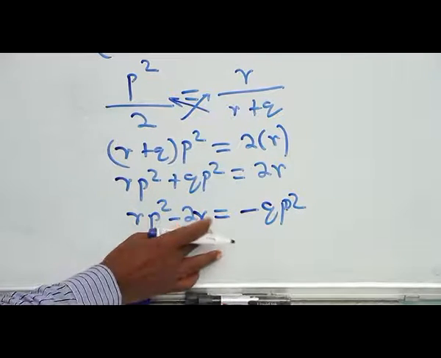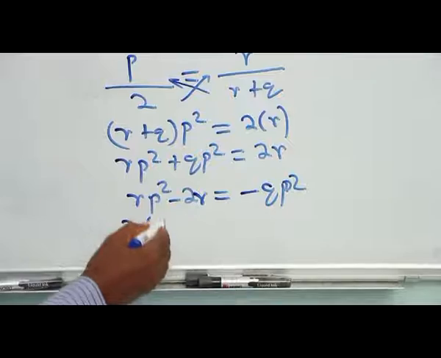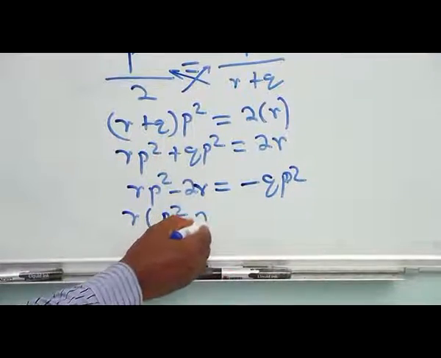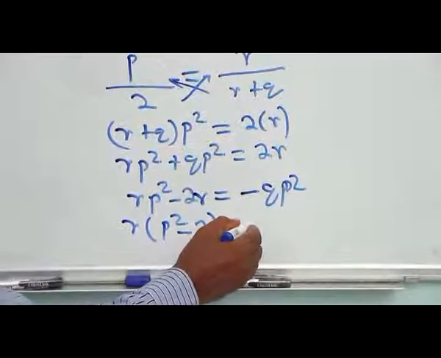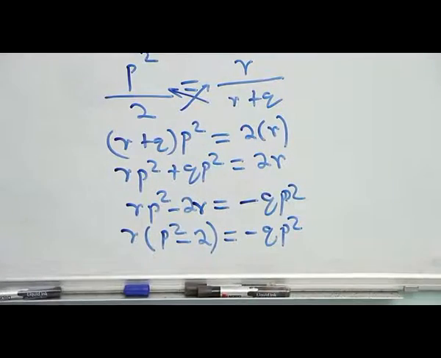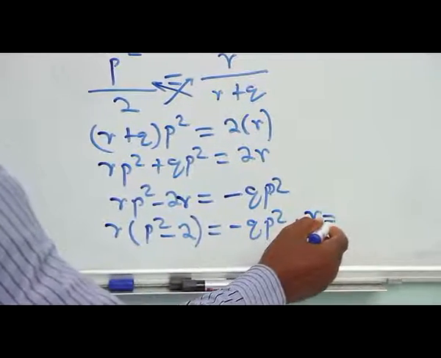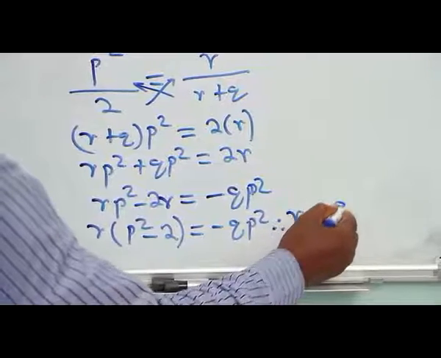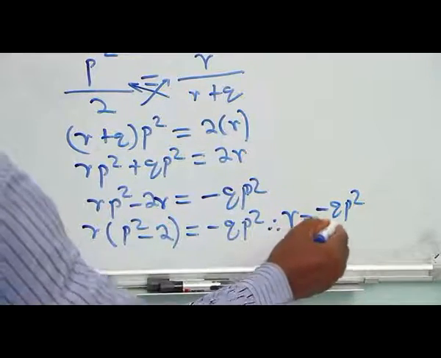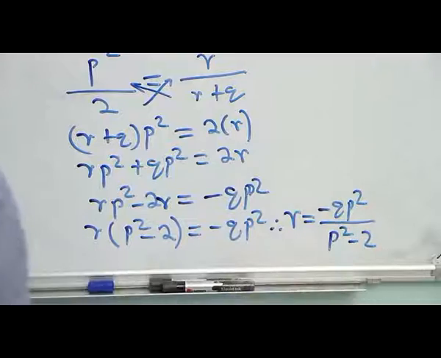Alright, we can factorize the left hand side because R is common. So we are left with P squared minus 2, and this is equal to minus Q P squared. Therefore, R will be equal to minus Q P squared all over P squared minus 2.